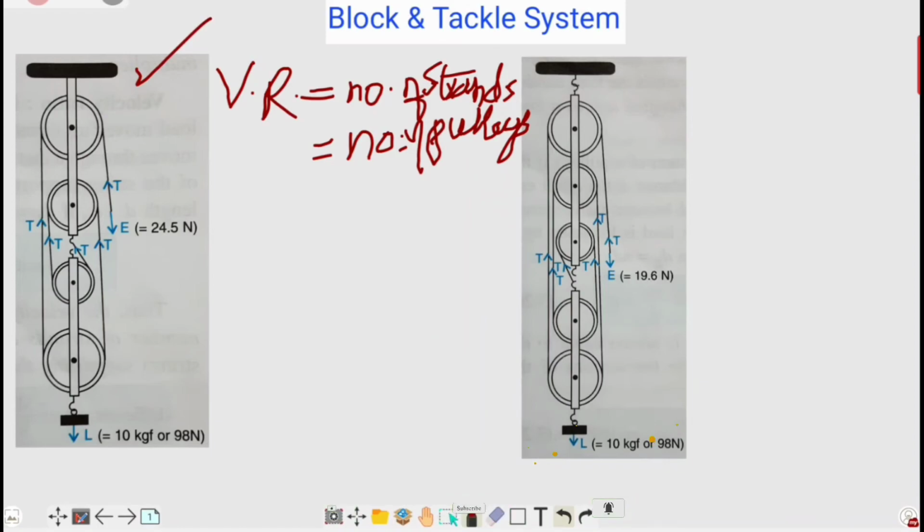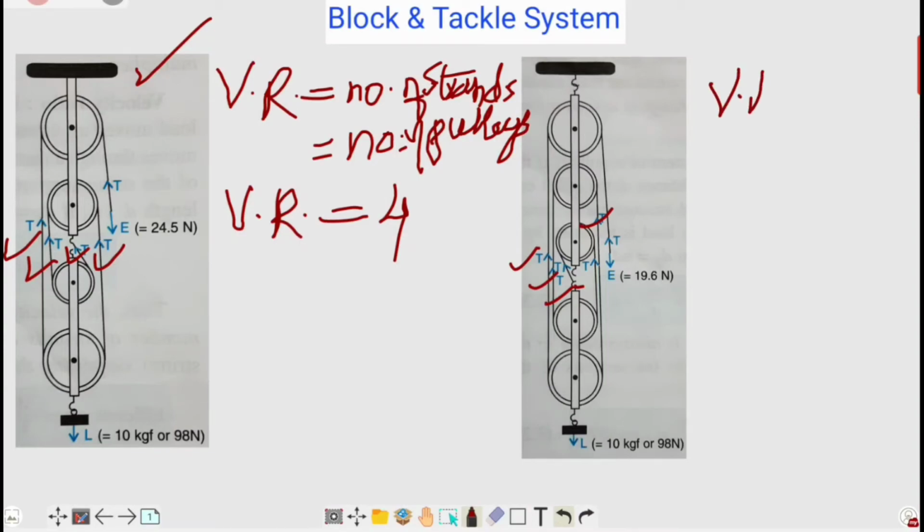In the first one, you know that there are 4 strands in the tackle. The number of pulleys is also 4. So in this case, VR is 4. Same way here, there are 5 strings. So VR, based on that, is 5. And 5 pulleys are also there.